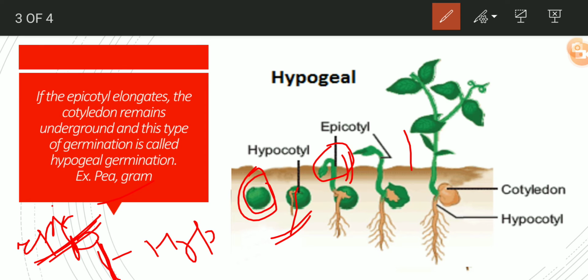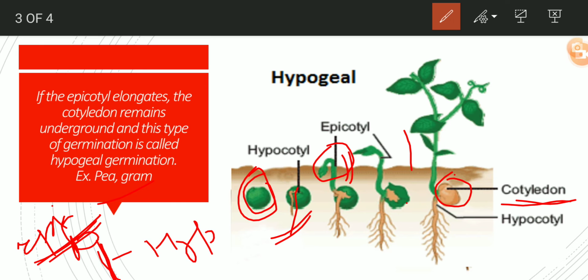The cotyledons will be under the soil only. This cotyledon will be under the soil. Now the cotyledons absorb food and form endosperm, which is used for the growth of the plant.